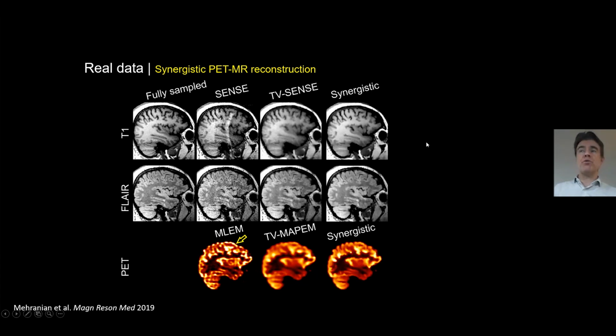With the synergistic method, we've got that mutually progressive building up of the guided regularization as we reconstruct the MR and as we reconstruct the PET, then again, we do seem to obtain improved image quality. And for the MR, of course, we've always got the benefit of the reference being the fully sampled. I just wish we had a reference, of course, for the PET. Typically, that's going to be the high count data.